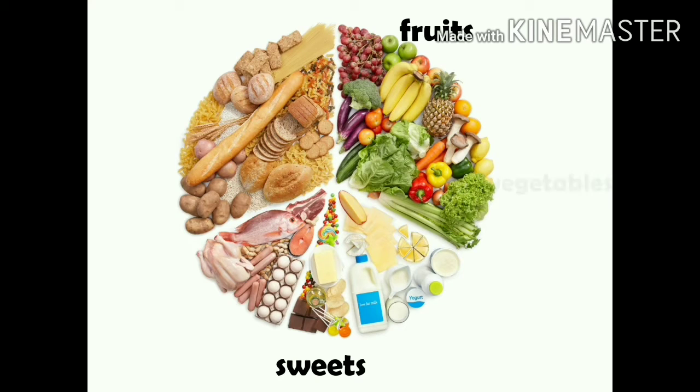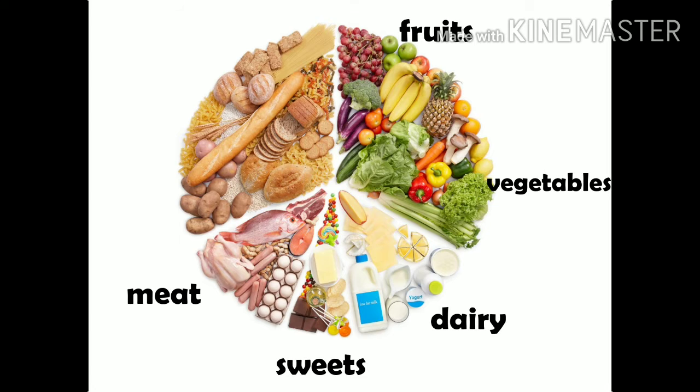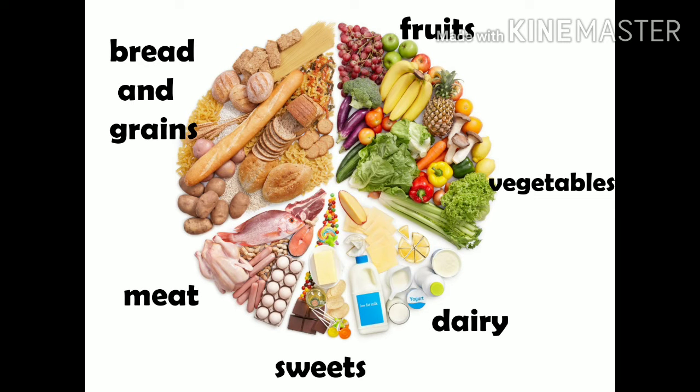We also have some vegetables and dairy, something that is made of milk. And here we have meat and some eggs. And the last section is bread and grains. But do you know how do we call all of it?